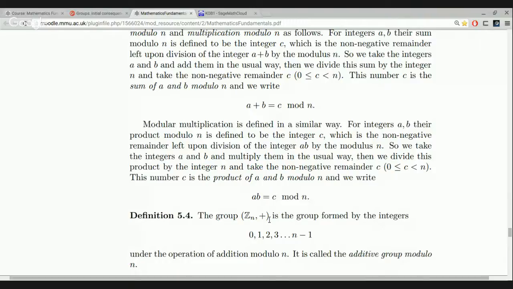Let me just very quickly put down another group. I've just got a couple of minutes left. So the multiplicative group modulo 5. We'll very quickly put down the Cayley table.